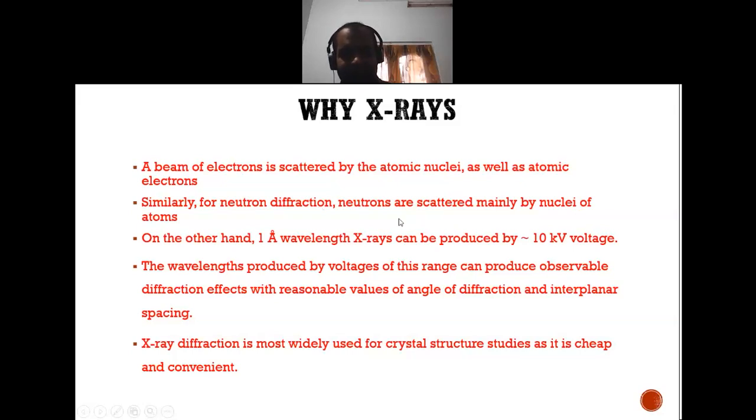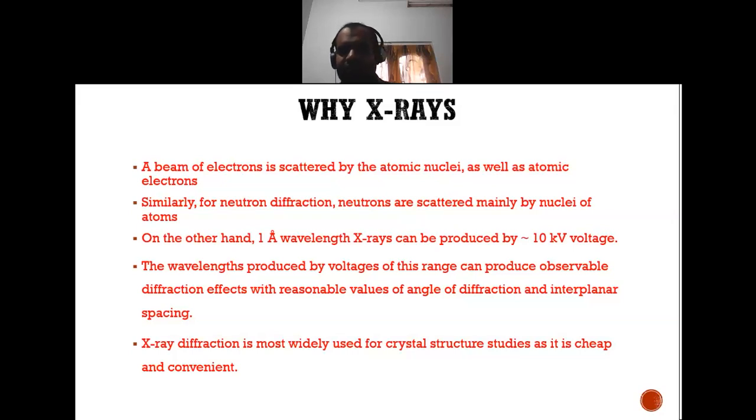So these are the two disadvantages of using electrons and neutrons.